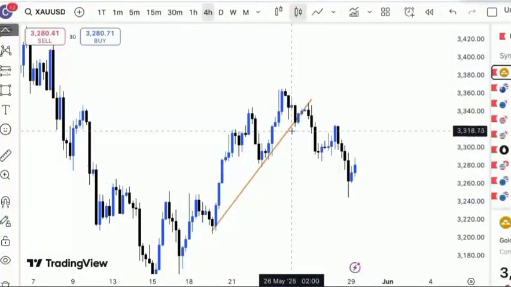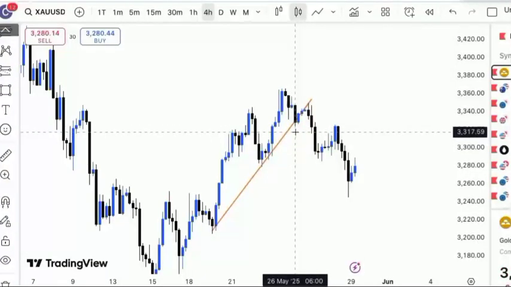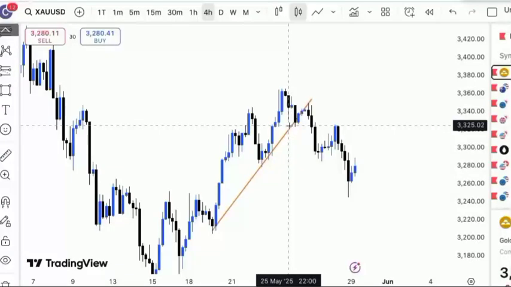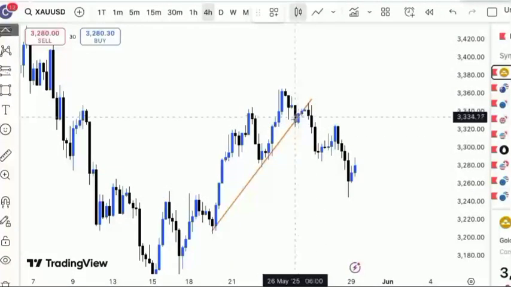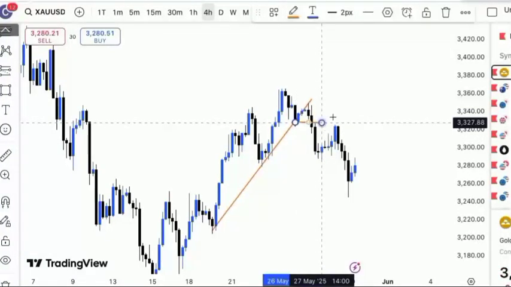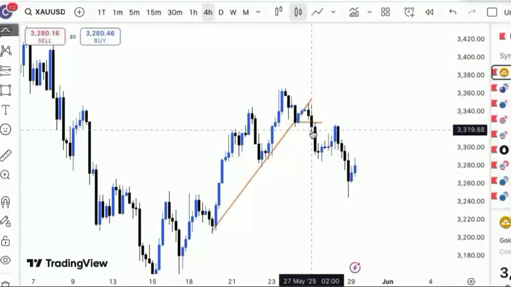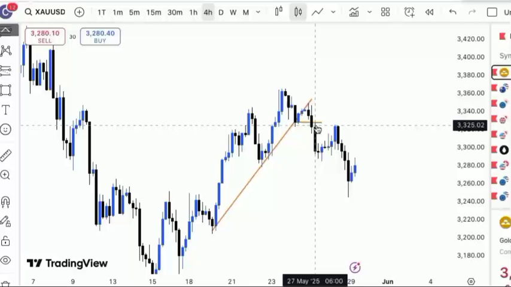It broke it. If you zoom in, you see that it broke it. So what are you going to do? You wait for the market to break that candle that breaks it. The moment it breaks that candle, that's when you enter. So you wait, and as soon as it breaks it, you enter, you sell.